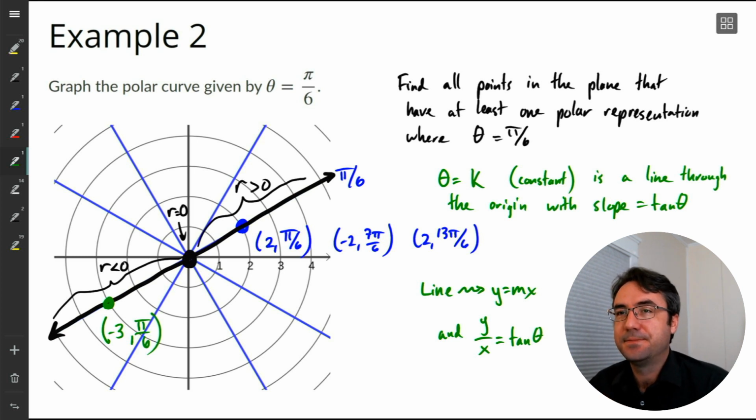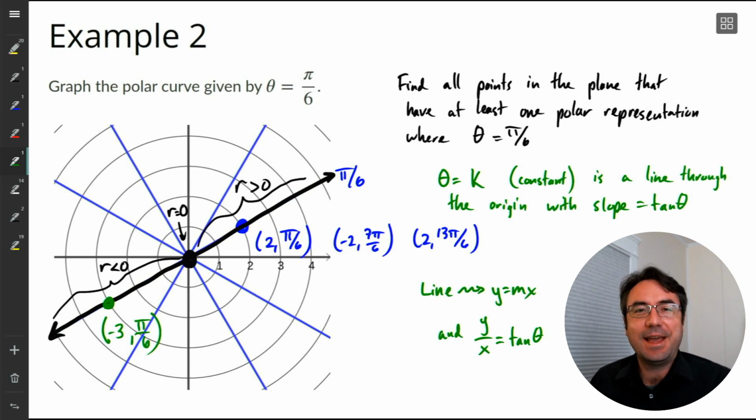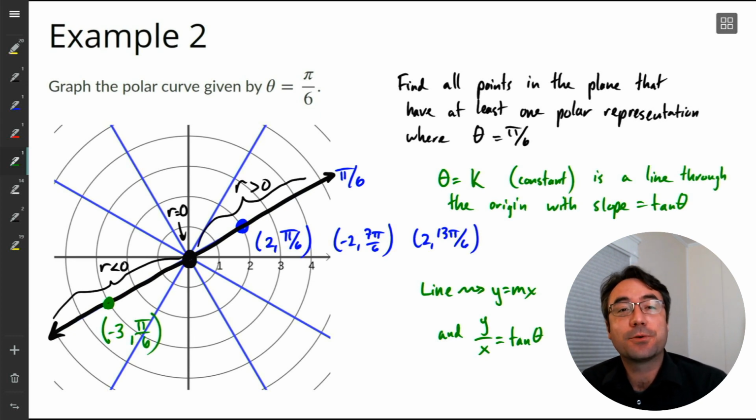All right. So these are just 2 very common examples of polar curves that we're going to see: r equal to a constant and theta equal to a constant. Let's put all this together now and look at polar regions.